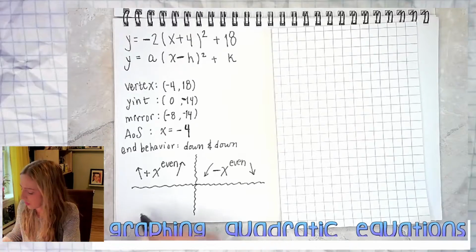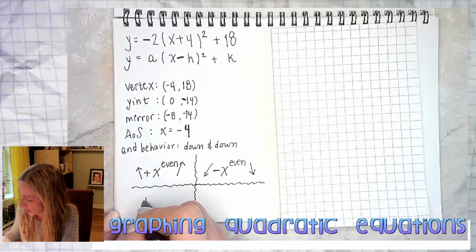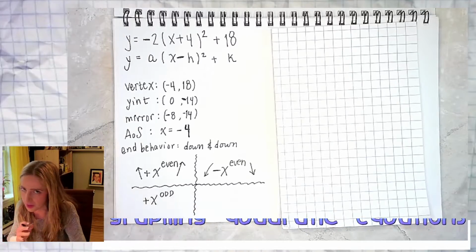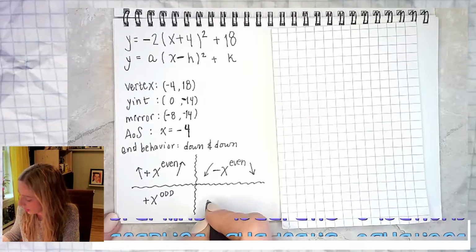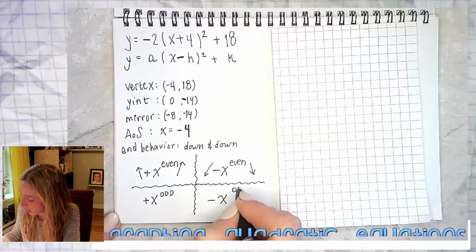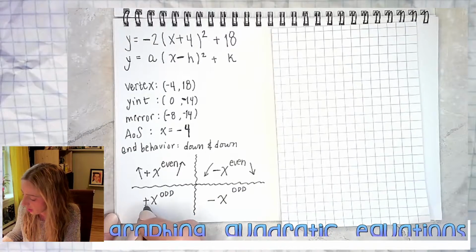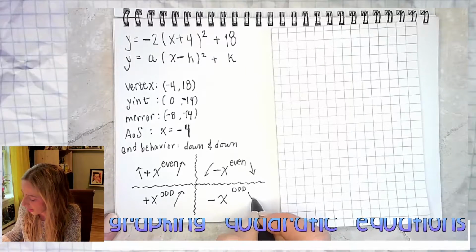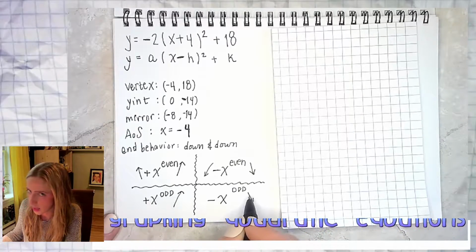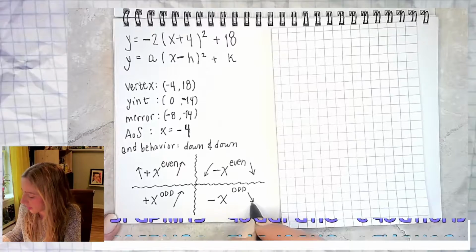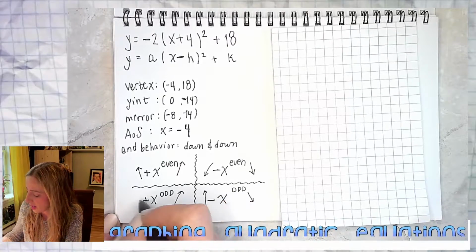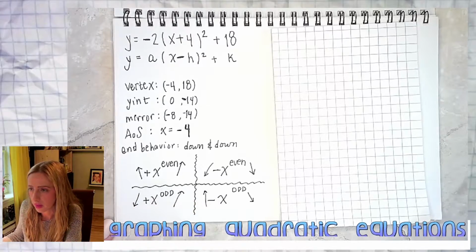So if we have a positive x to an odd power, don't mix up positive, negative with even, odd. People do that. And then if I have negative x to an odd power, positive, finish up, negative, finish down, odd, opposite. So if this is down on the right, that means it was up on the left. And if it's up on the right, it's down on the left. That's like the cubic one.